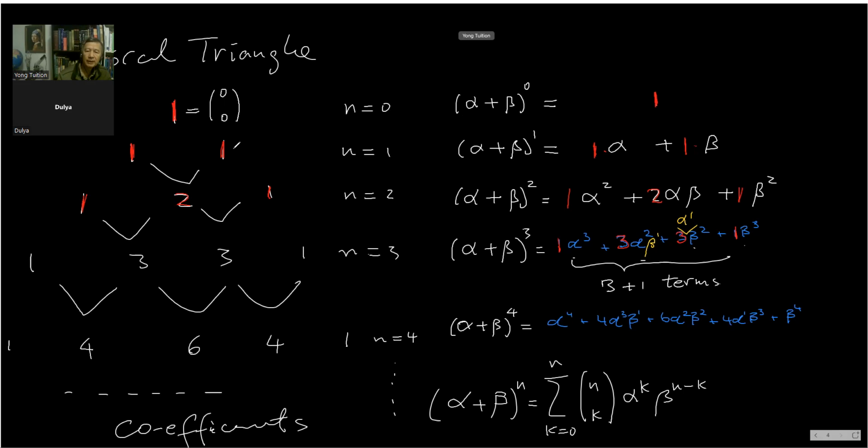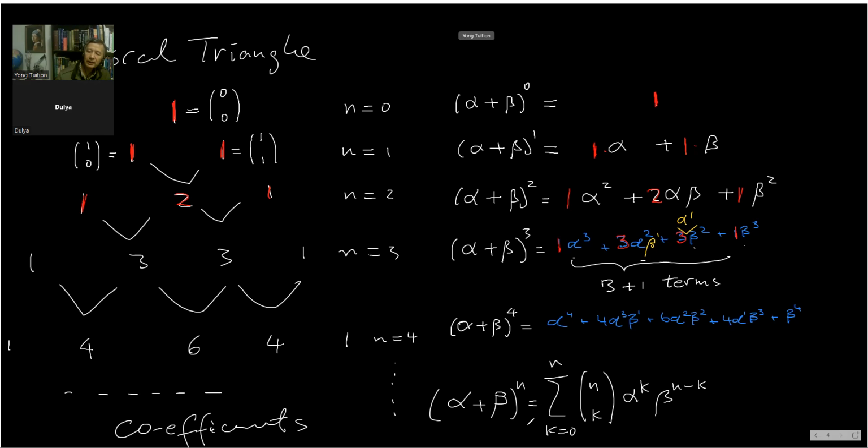How about this one? This time, n equals 1, and k goes from 0 to 1, so k is equal to 1. Also, this number can be denoted as n equal to 1, k equal to 0. Does that make sense?